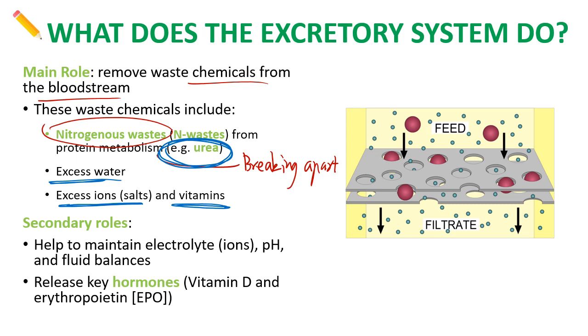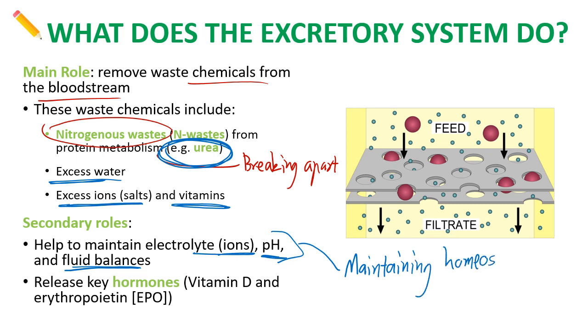And so that's the main role, getting rid of the waste chemicals. The secondary role is also to maintain the ion balance, the pH, so the acidity, and the amount of water in our bloodstream. So all of these processes are maintaining what we call homeostasis.